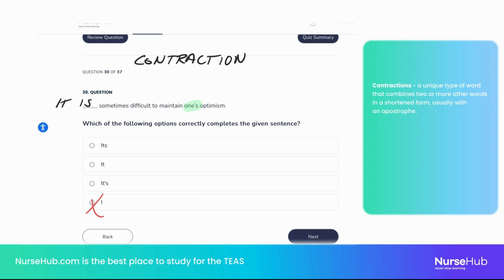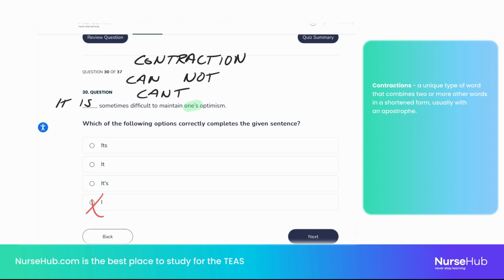For contractions, we take 2 words, like can and not, and combine them into the word can't.